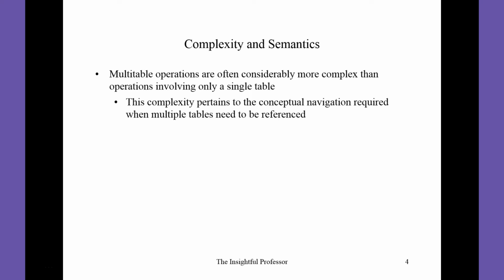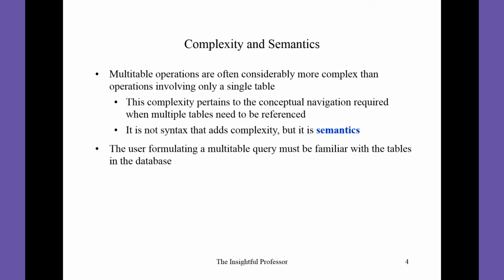Multi-table operations are often considerably more complex than operations that involve only a single table. The complexity is not the result of the syntax, but can be attributed to the difficulty associated with the semantics of the application domain. A user who is writing a multi-table query has to be familiar with the tables in the database.